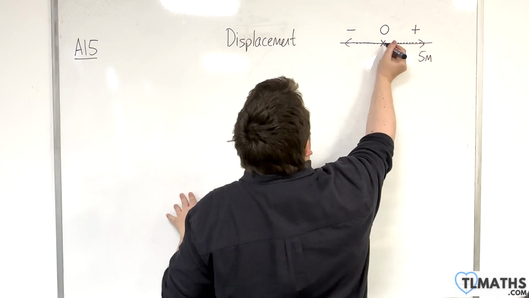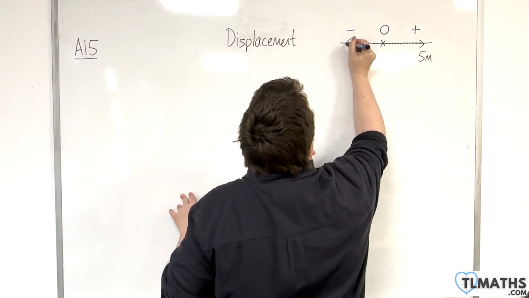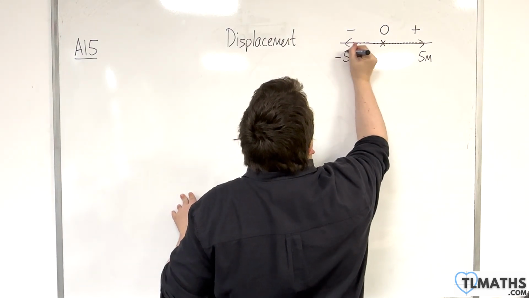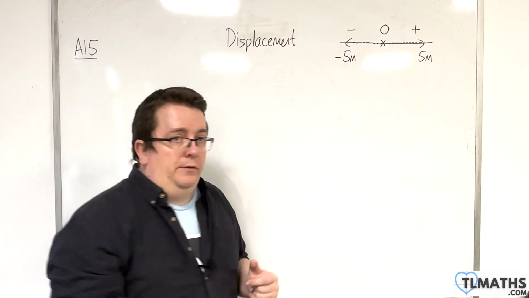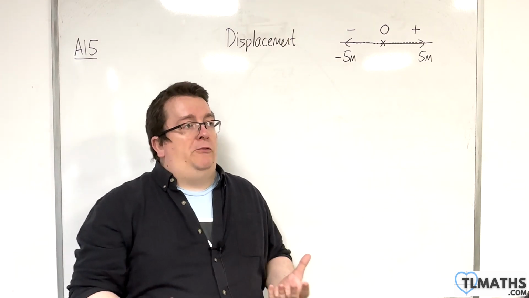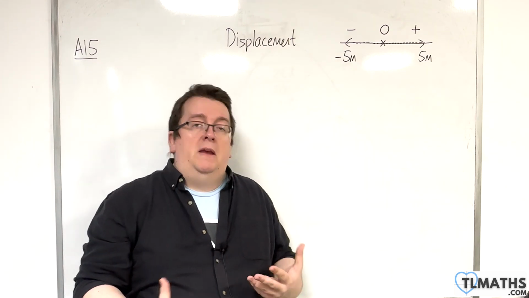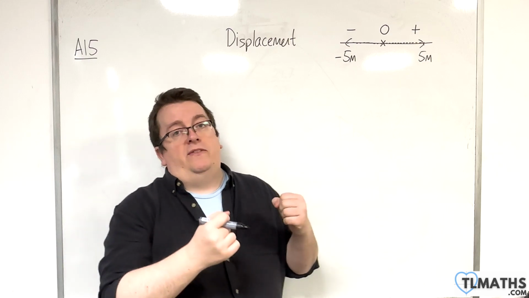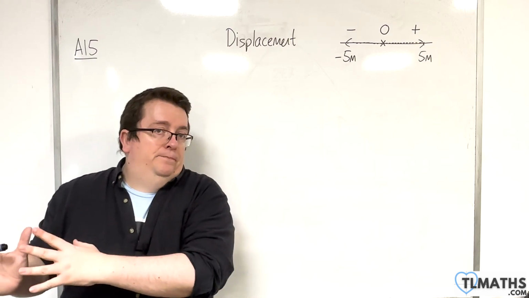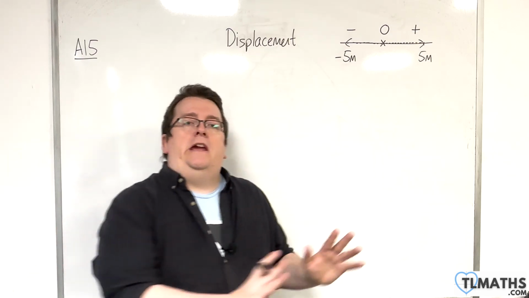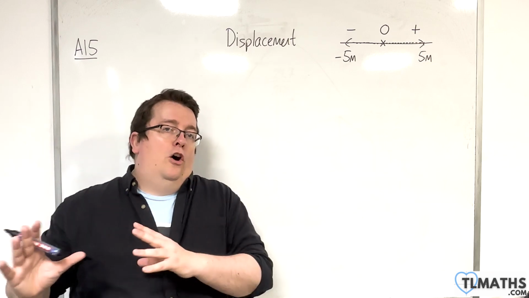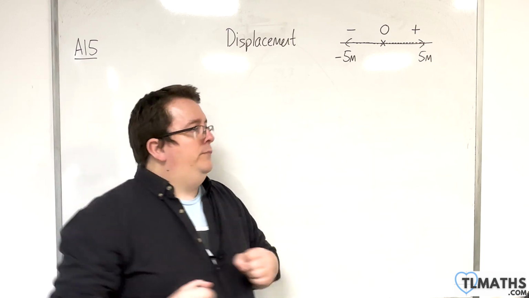Alternatively, you could have walked 5 meters to the left, in which case we would write it as minus 5 meters. So your displacement can also be negative. Minus 5 meters tells me that I am 5 meters to the left. So it gives me this idea of a position along this line.